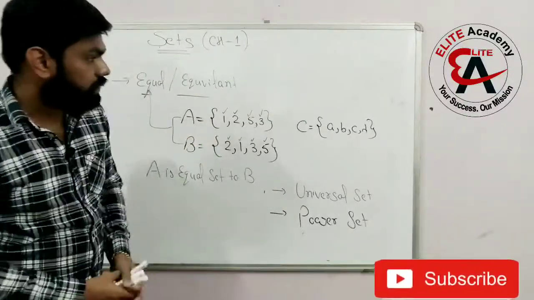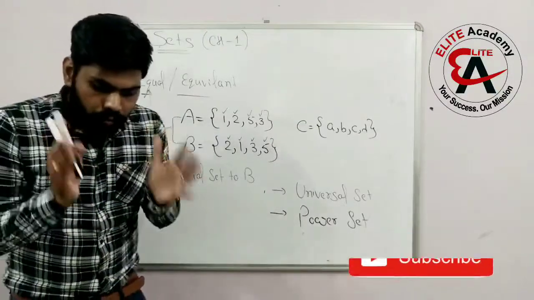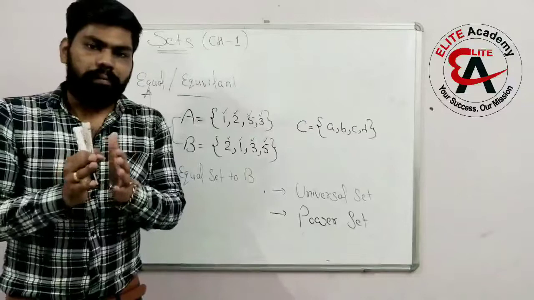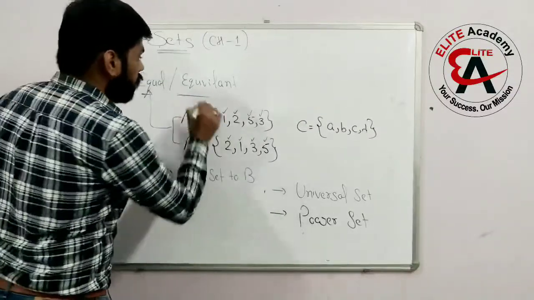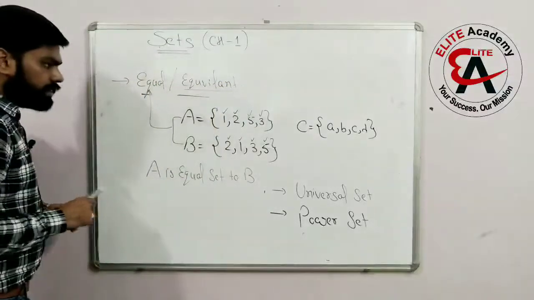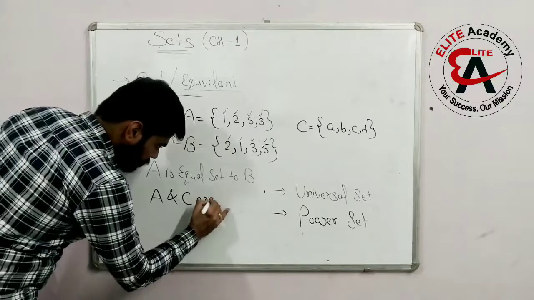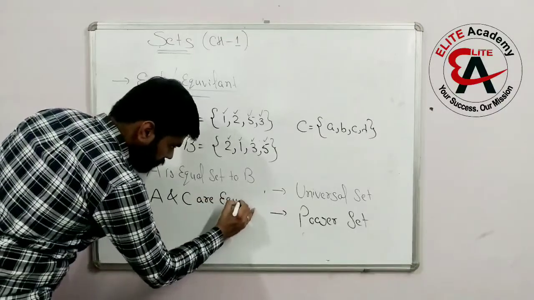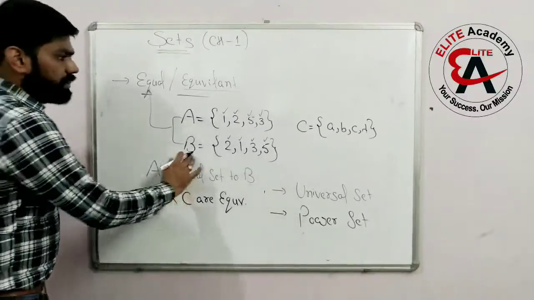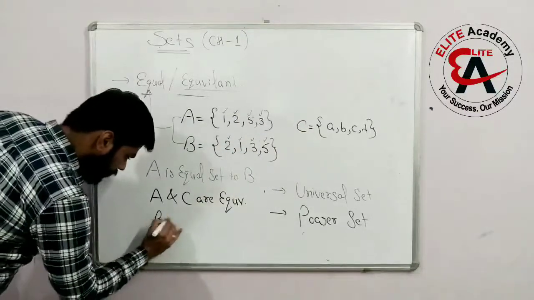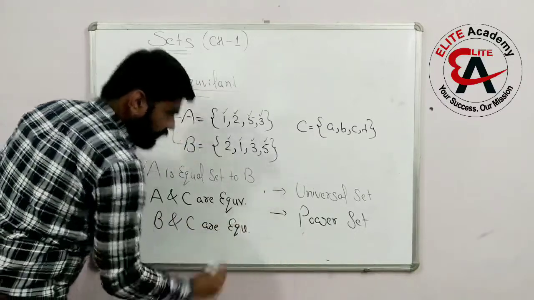Here these are digits, over there are letters. मतलब counting same, element नहीं same हैं, then those two sets are called to be equivalent sets. That means A and C are equivalent, whereas A and B are equal. अगर मैं B and C की बात करूँ, B and C are also equivalent sets. Is that clear or not?